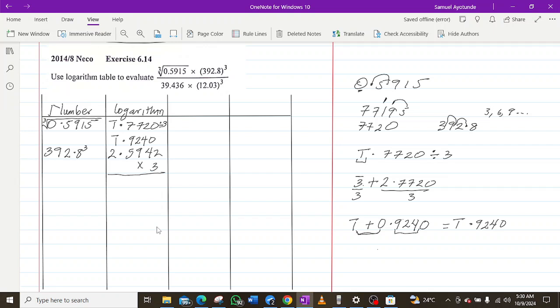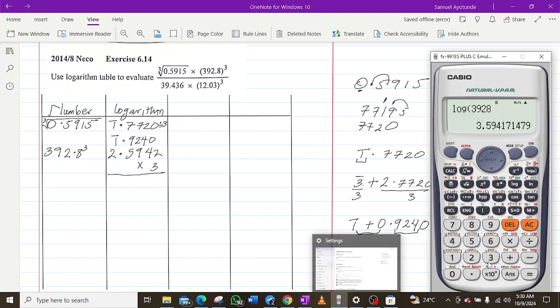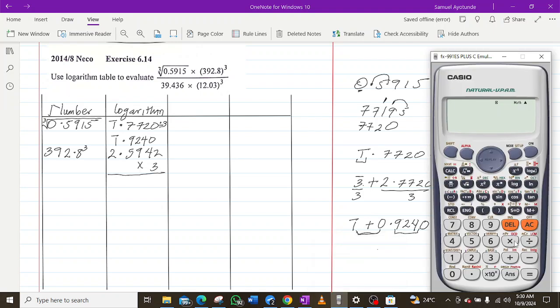When we have power, we multiply. So we can use our calculator to evaluate the multiplication since it doesn't have a bar. So we have 2.5942 times 3. So this is equal to 7.7826.